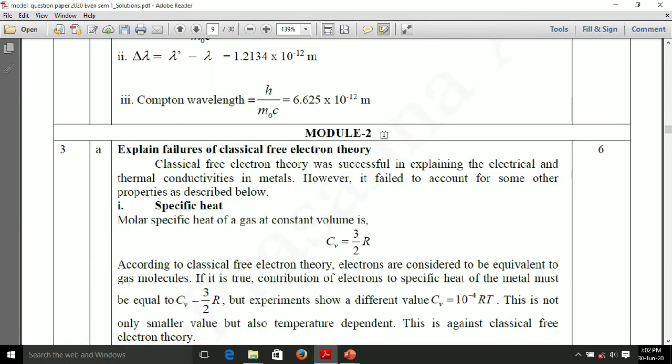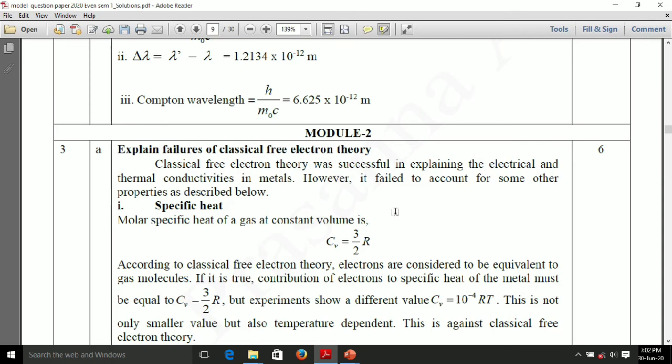And module number 2 is about the classical free electron theory and superconductivity. 3A requires the explanation of failures of classical free electron theory. In class I had explained 3 failures. There are a few others, but the important ones are these 3.